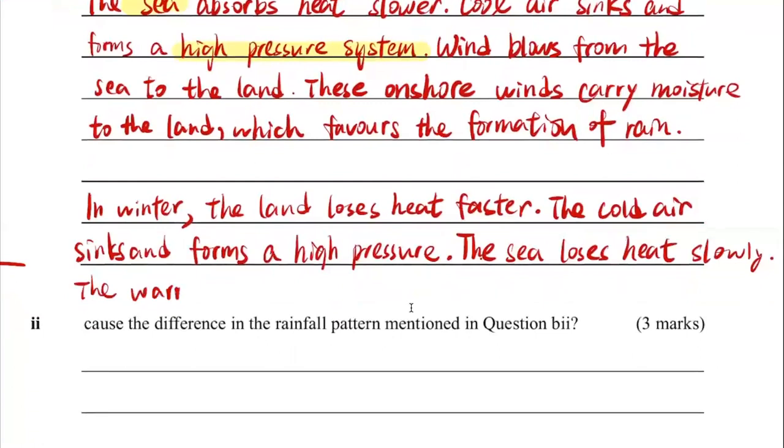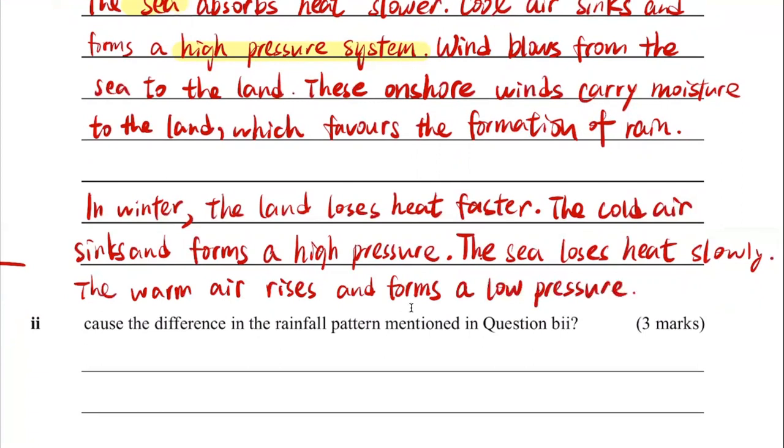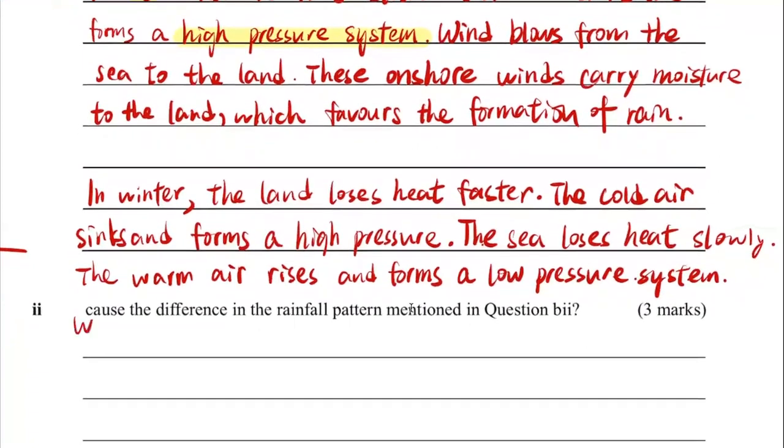So the warm air, again, rises and forms a low pressure system. So the wind is blown from high pressure to low pressure.